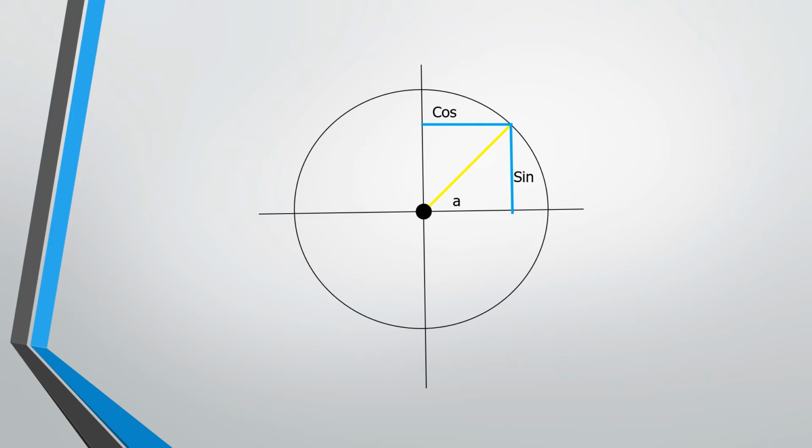So sine is the vertical component going from the horizontal axis up to where the hypotenuse intersects with the unit circle, and cosine is the horizontal component going from the vertical axis to where the hypotenuse intersects the unit circle. This is really the easiest way to calculate how much of a vector in two dimensions at least is going vertically and how much is going horizontally.